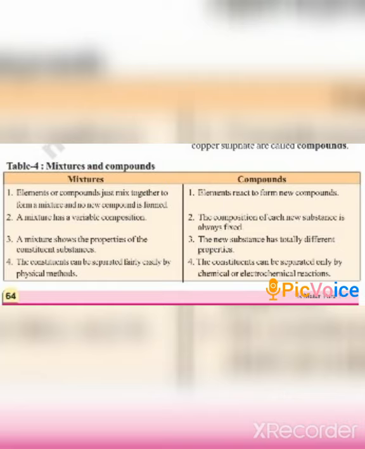Whereas in case of compounds, elements react to form new compounds. You have observed this with respect to sodium and chlorine being mixed together to form common salt. A mixture has a variable composition, whereas the composition of a compound is always fixed.